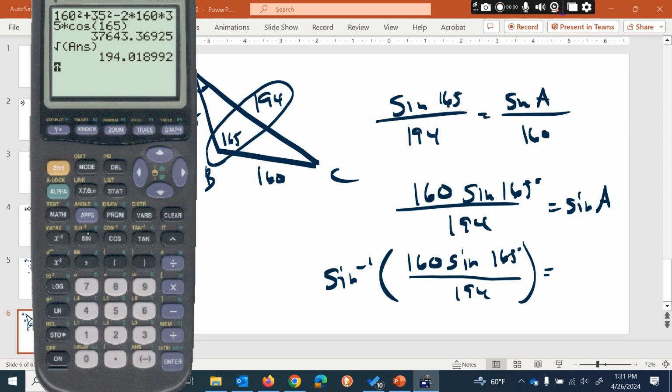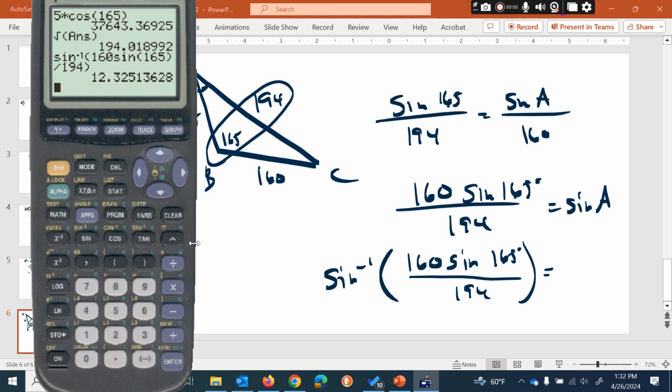So sine inverse of 160. Notice I'm not going to change this to a fraction. I don't need extra parentheses because I just have one single number on the bottom. So this is 160 sine of 165. Close off that one. Divide by 194. Now, if you are off just by a little bit here, that's still okay.